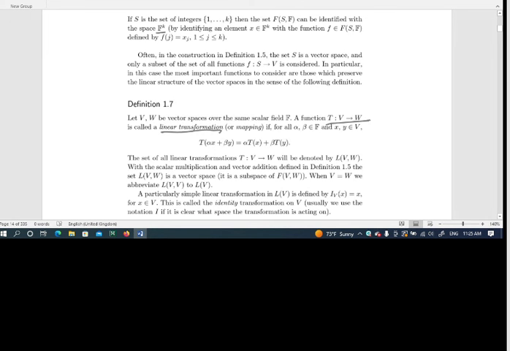These mappings are very, very important in linear algebra.